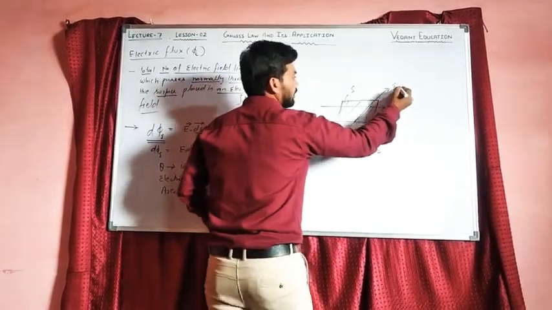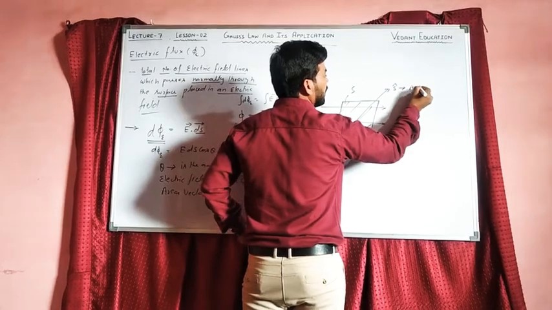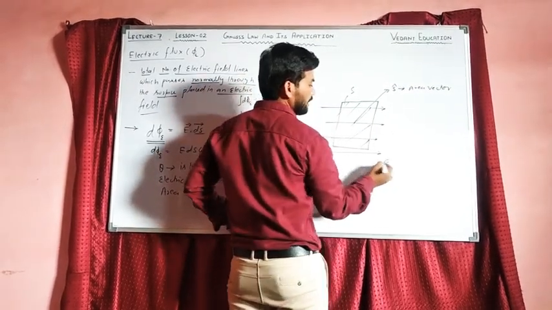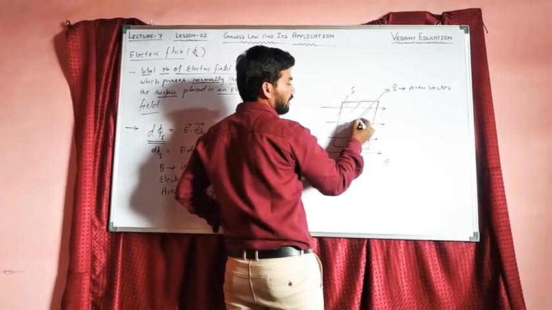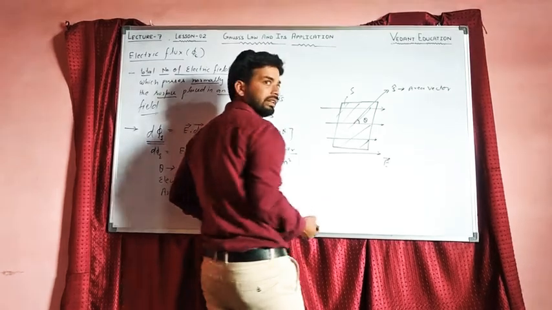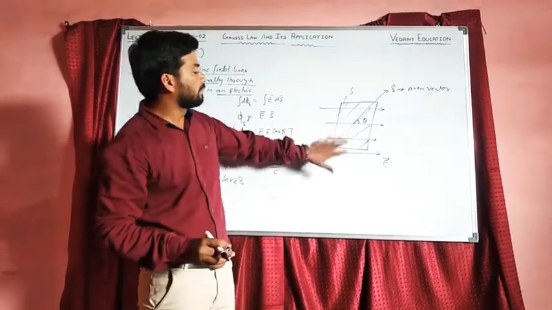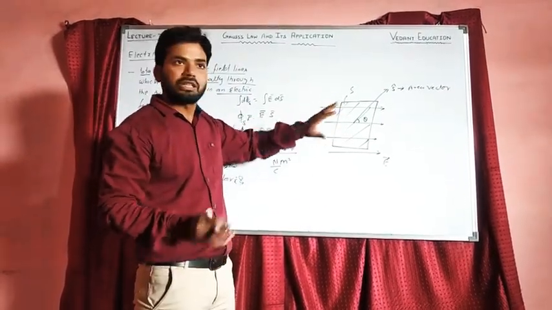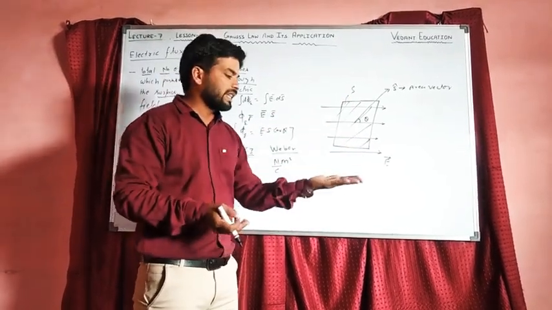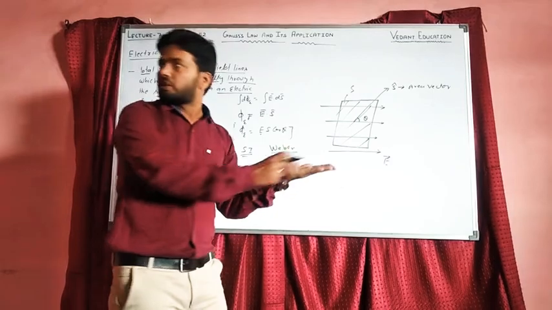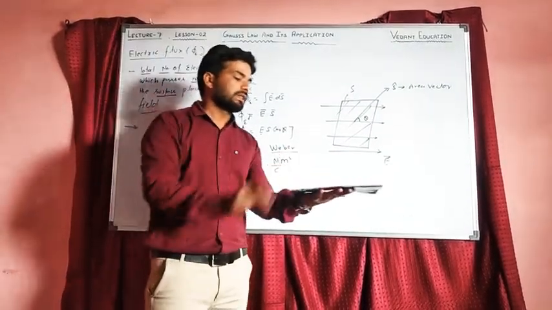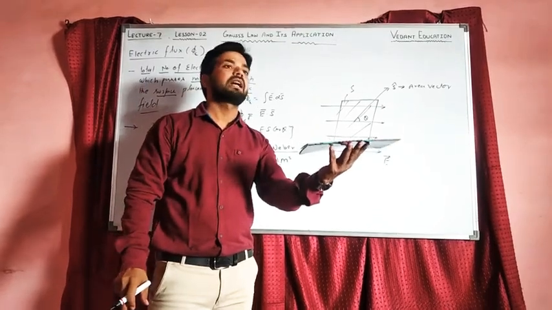This area vector makes an angle theta with the electric field vector. Suppose this one is a surface placed in an electric field.